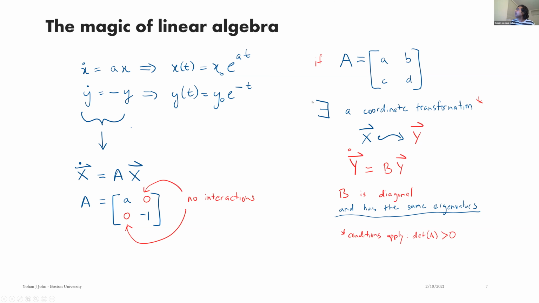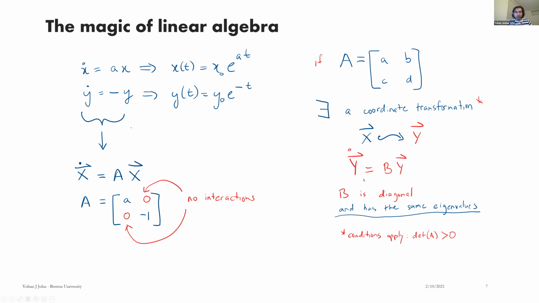So now if we ask just in general, okay, what if it's not just along the diagonal, what then? A thing that you learn in linear algebra, which 3Blue1Brown is probably a good place to start with, there is the symbol that means there exists. So there exists a coordinate transformation where you can shift to a new set of dimensions and find a new matrix B, which is diagonal.